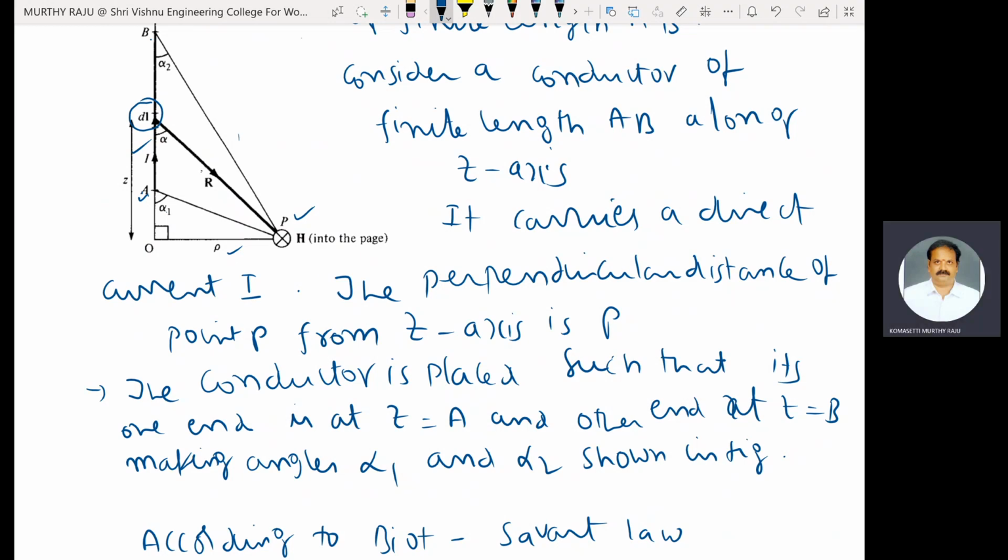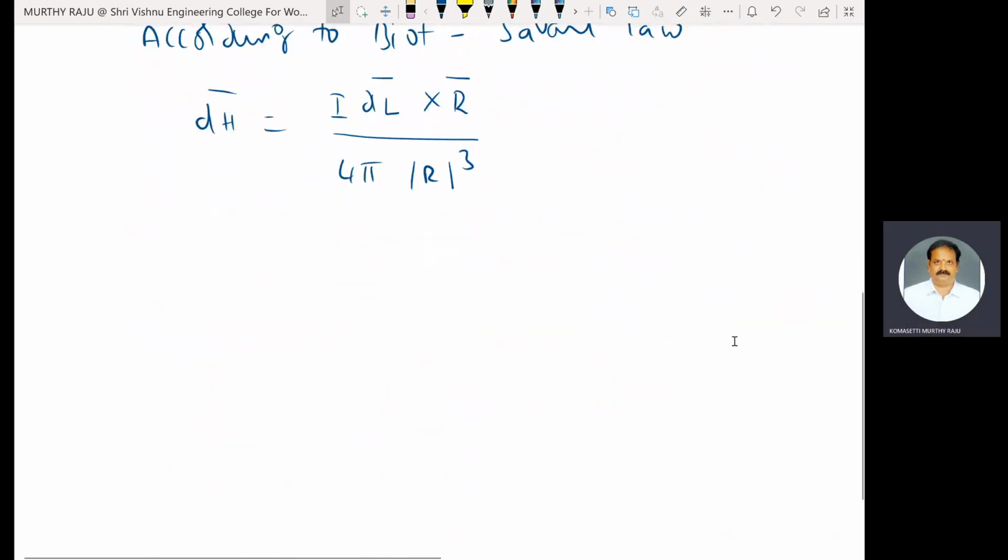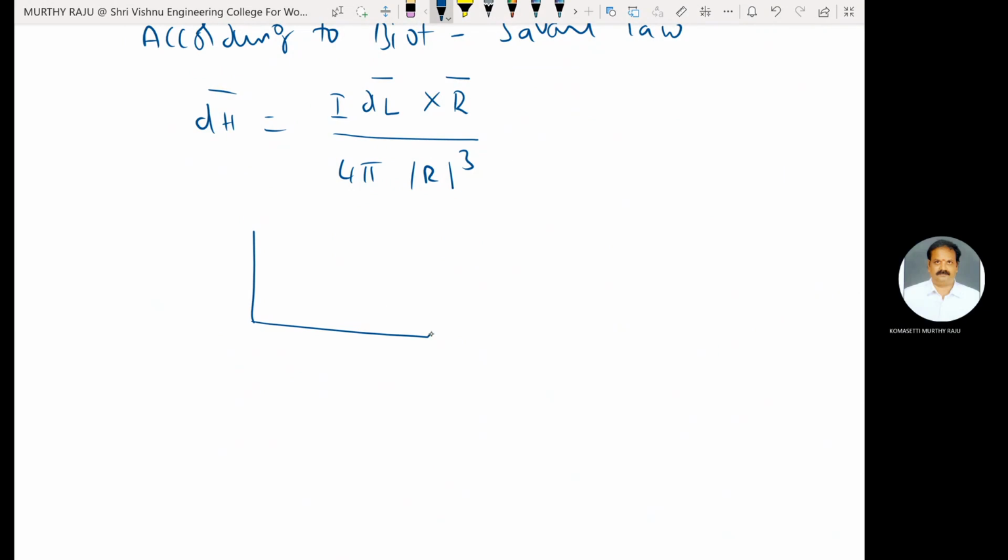This is R, considered in vector form. Find out the R cap. This is the point P at which we need to calculate the magnetic field intensity H. This is the rho, and the unit vector is a rho along this rho.